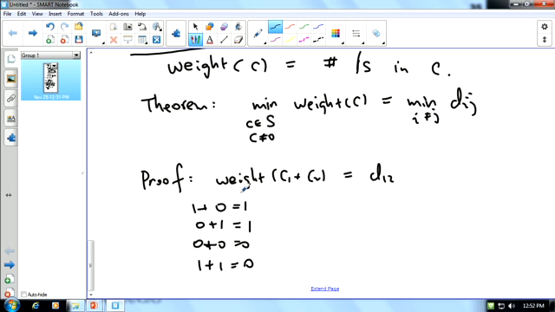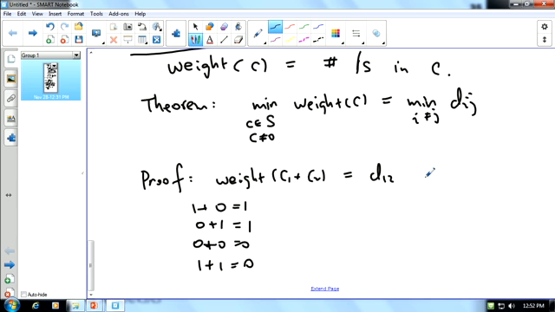So if the summation result is a 1, then those 2 bits are different. And that's why the weight of C1 plus C2 equals their Hamming distance. Because the weight of C1 plus C2 tells us how many ones we have in C1 plus C2, and each one corresponds to 1 bit being different. Okay? So the weight tells us exactly how many bits are different between C1 and C2. So that's why weight of C1 plus C2 equals d1,2.